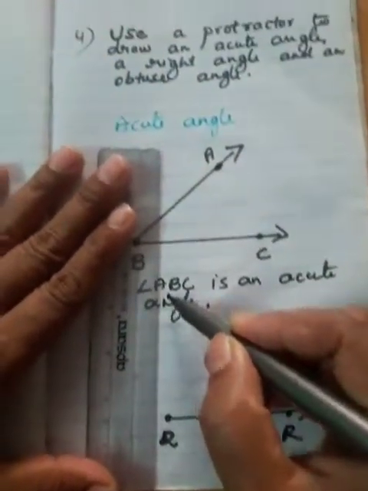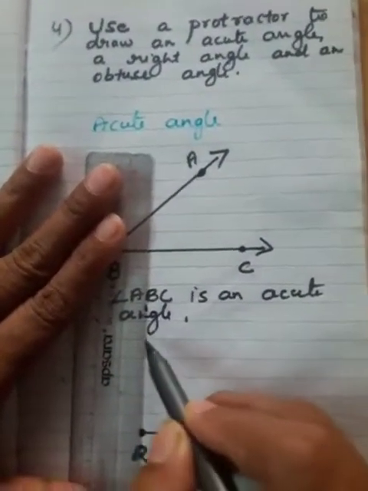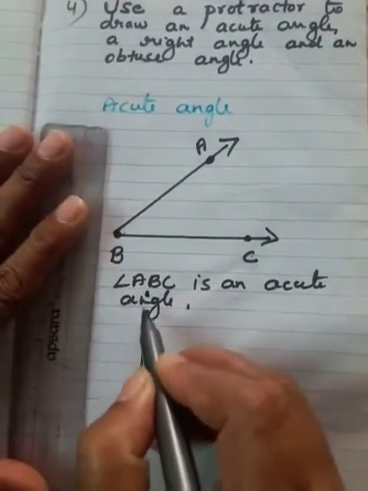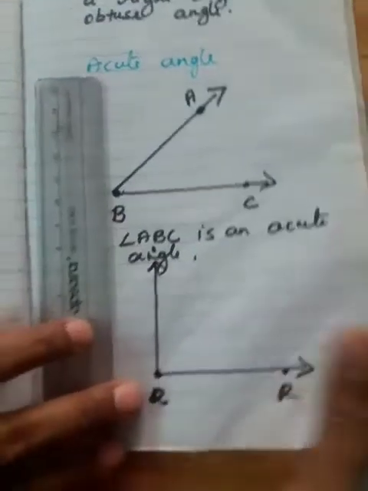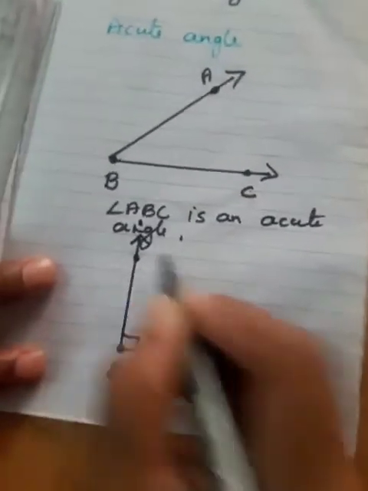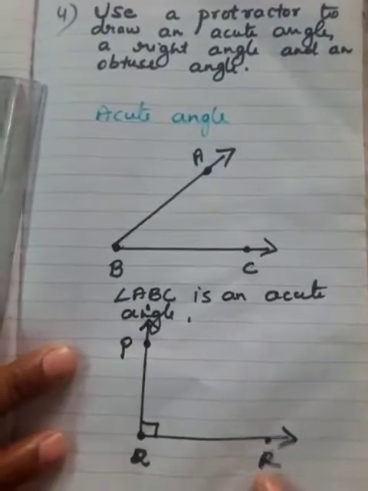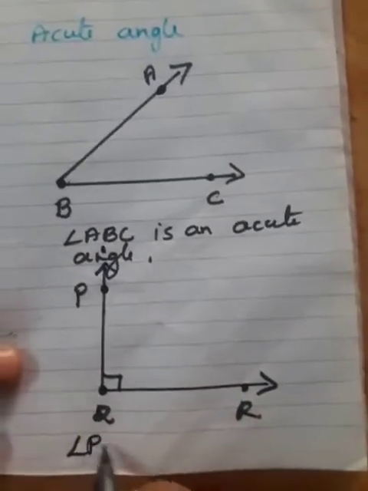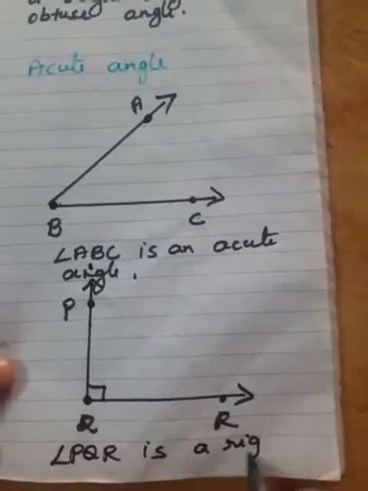Okay, now join this point and Q. So this is a right angle. So name this as P. So angle PQR is formed. It is a right angle. Angle PQR is a right angle.